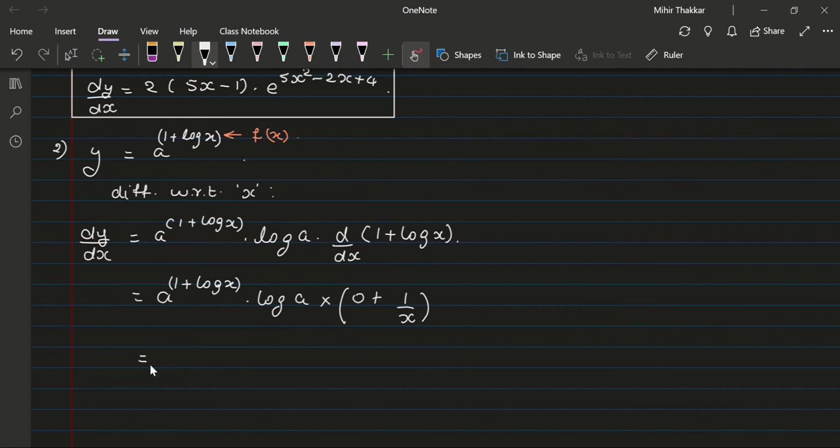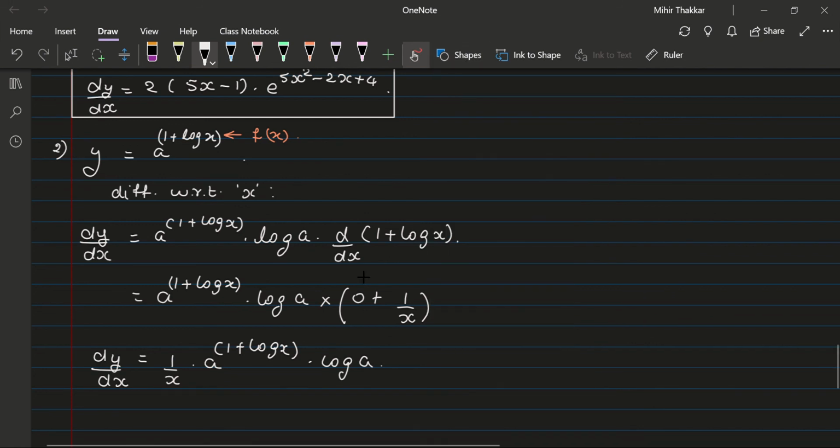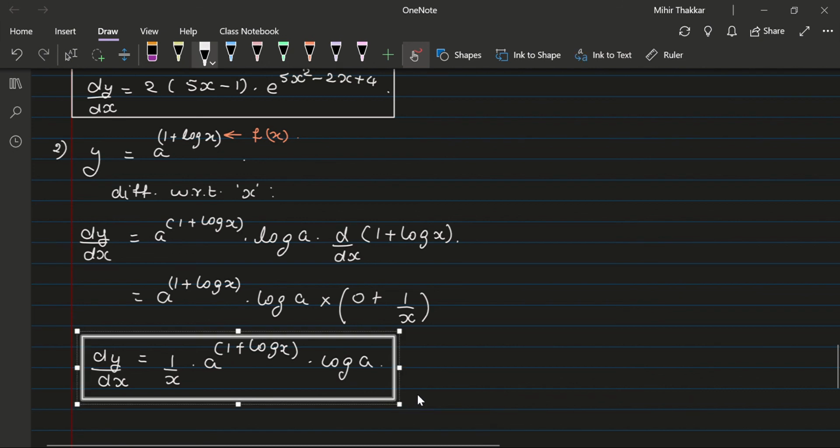So I get my final answer: 1 by x, a to the power 1 plus log x, multiplied by log a. This is dy by dx. So that is your sum number 2.